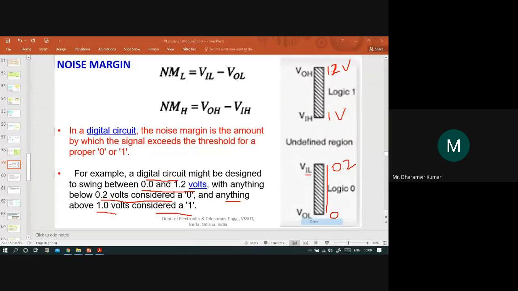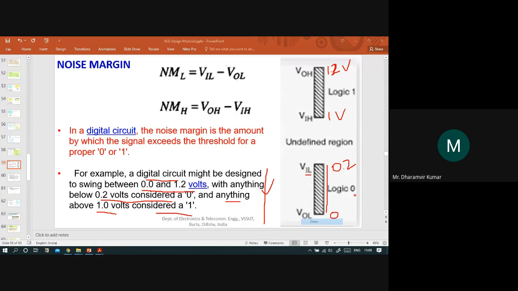For this specification, if I ask what the value is for low noise margin and high noise margin, first you should be able to mark the values for VOL, VIL, VIH, and VOH. After finding these values, the noise margin low is VIL minus VOL, that is 0.2 minus 0, which simply becomes 0.2.